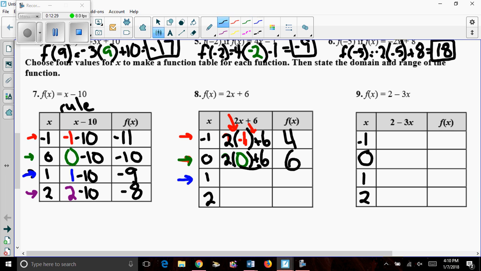Now, I have 2 times x, but instead of x, I'm going to plug in my 1. 2 times 1 is 2. 2 plus 6 gives me 8.